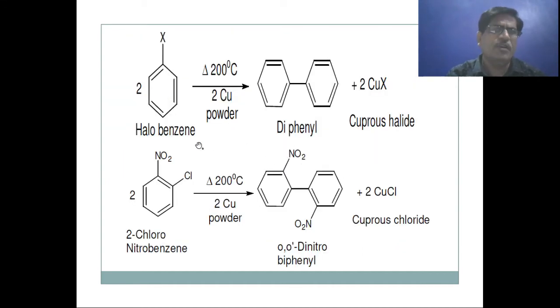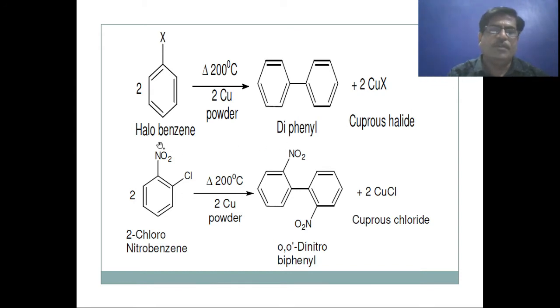Another example, with general halobenzene: two moles of halobenzene are taken in the presence of copper powder and heated at around 200 degrees. This halobenzene is converted into diphenyl, and cuprous halide is generated as a byproduct.